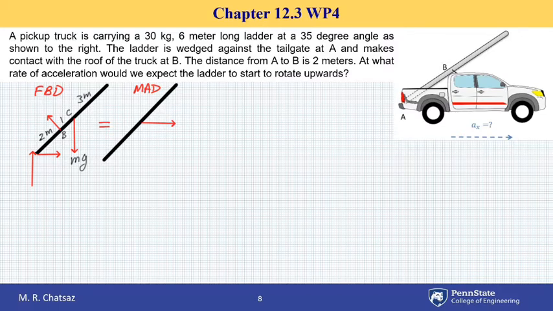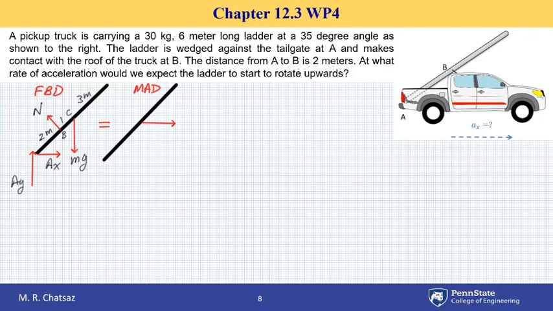Other forces that I've shown on the free body diagram is the normal force exerted by the roof of the truck on the ladder at point B. I'll call this force N, and I showed the two reactions at the bottom of the ladder as two forces, AY and AX. So these are all external forces acting on the ladder.